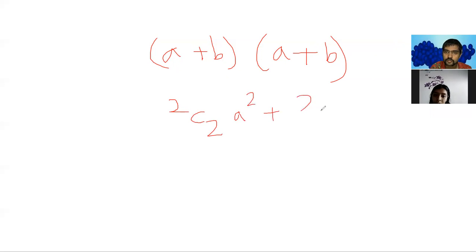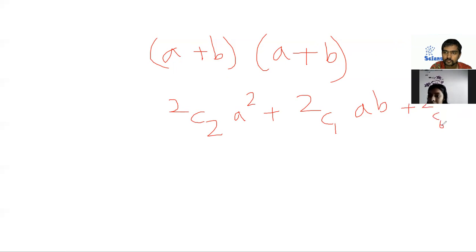Then I'll choose 1 apple, 1 banana. 1 apple, 1 banana over, no? After that, 2 bananas. What is 2C2? 2 factorial by 2 factorial into 0 factorial. 2 factorial by 2 factorial cancel. 0 factorial is 1. So that is a square.